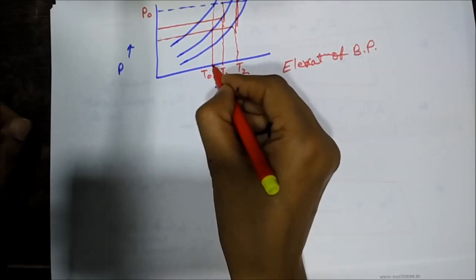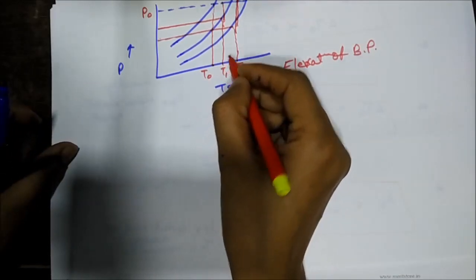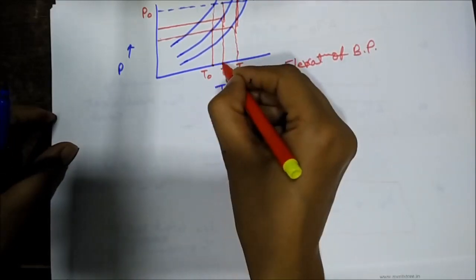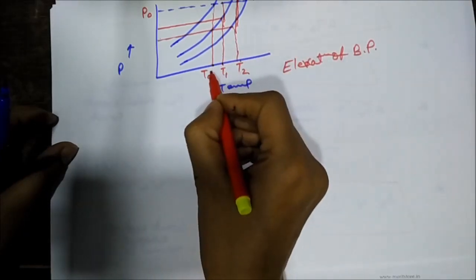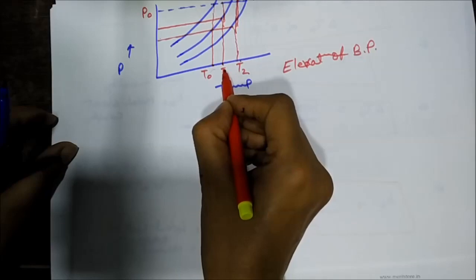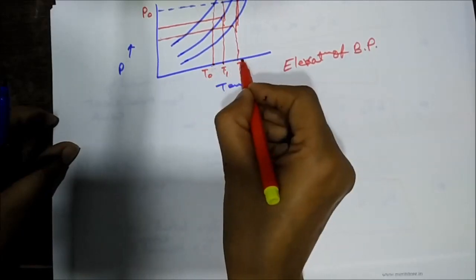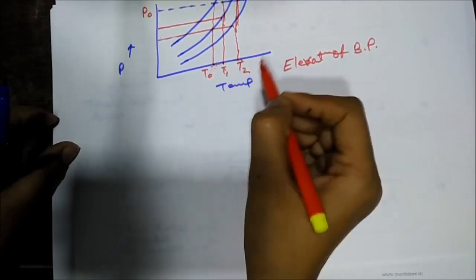This is for pure solvent, T1 is for solution 1 and T2 is for solution 2. So there is an elevation of boiling point for solution 1 and this is the elevation of boiling point for solution 2.